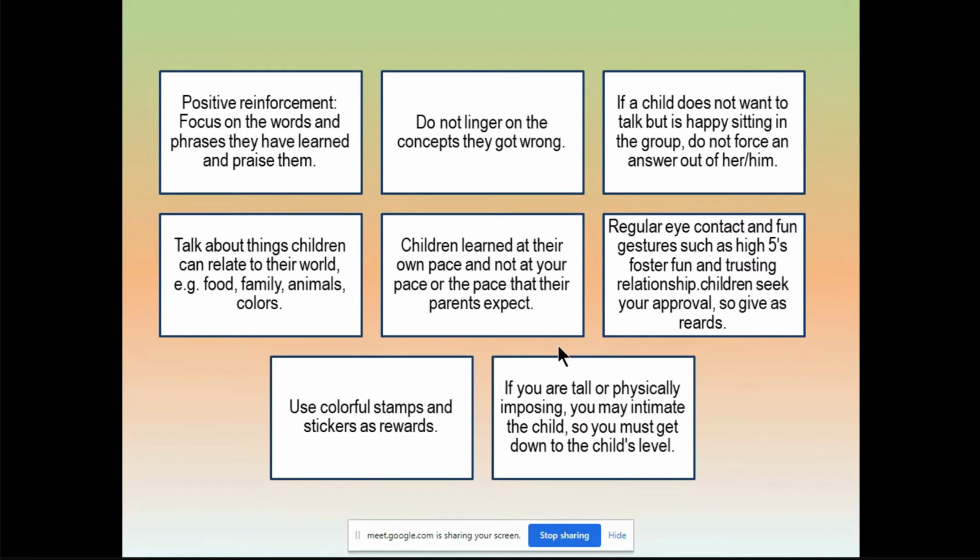Always do not forget, a teacher will be very effective if he or she uses his or her own talents. If you are tall or physically imposing, you may intimidate the child, so you must get down to the child's level. For example, if you're very big and tall, you could slouch a little and then ask them.